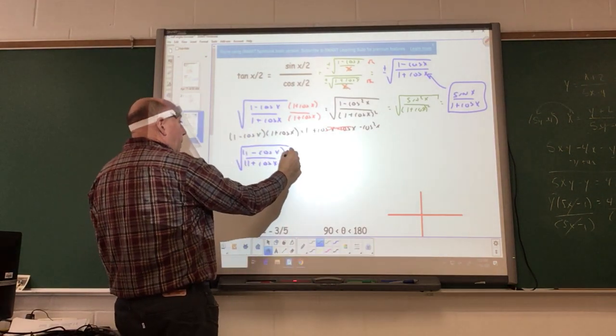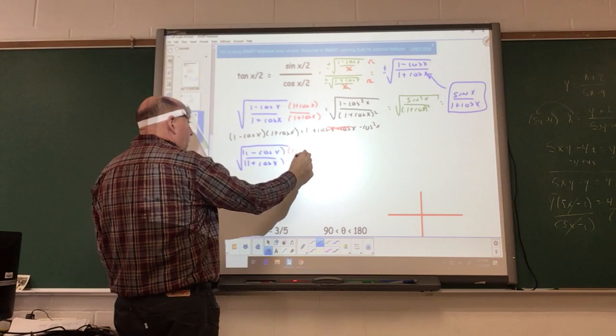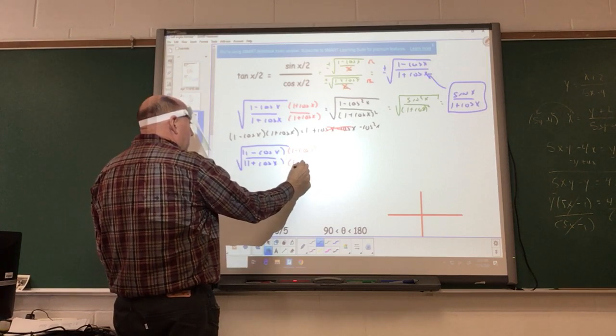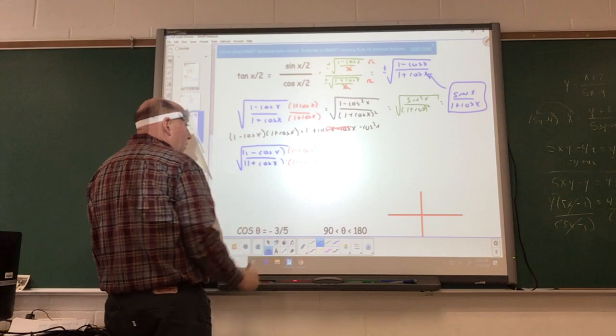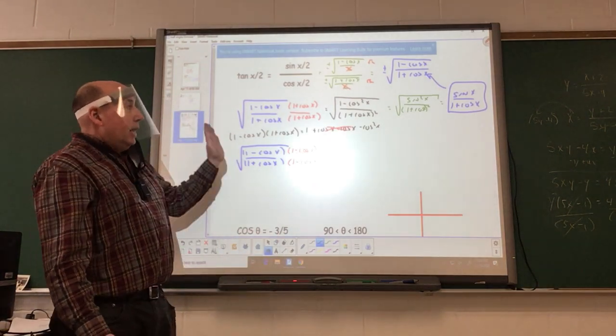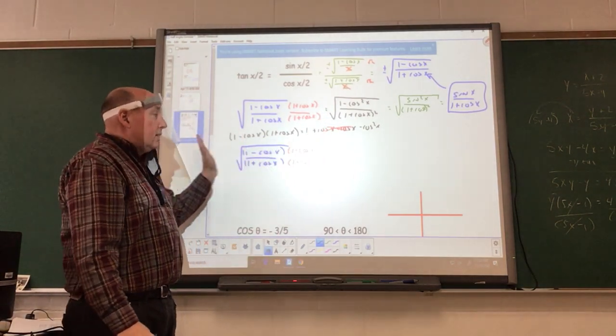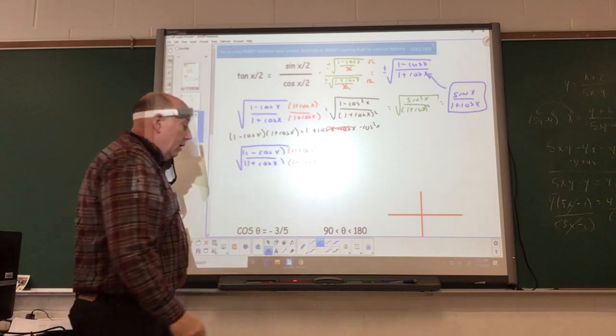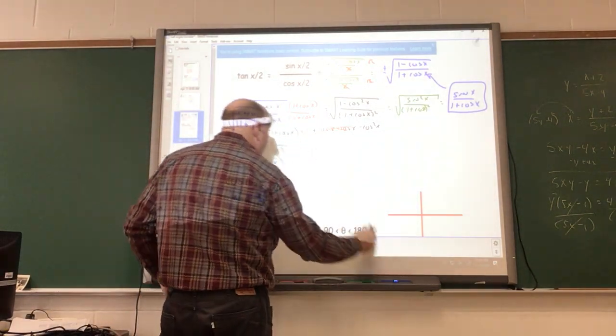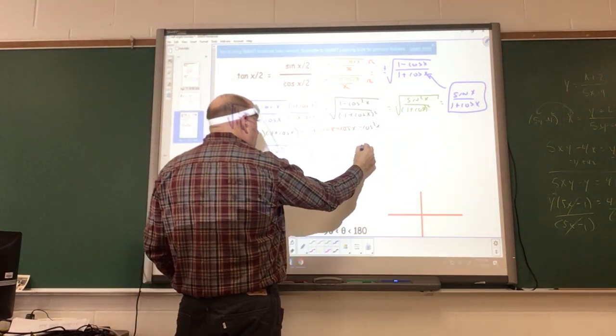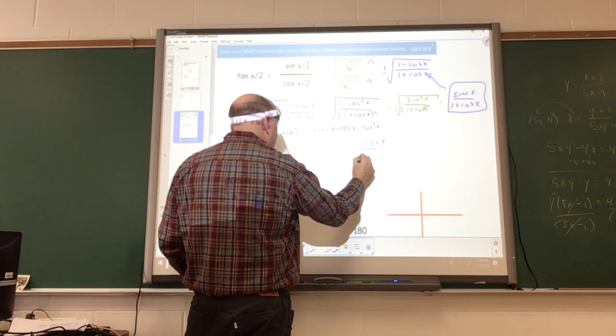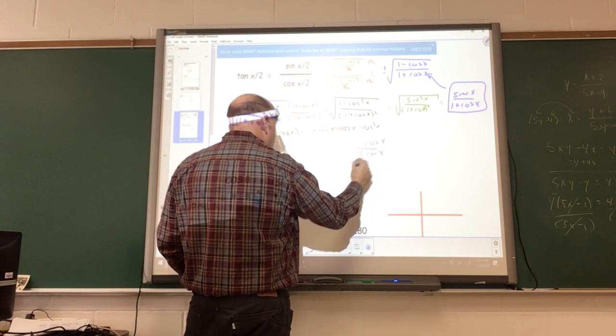We can do the same by multiplying by 1 minus cosine of x, top and bottom, and it's going to look very similar to what we had, but what this will come out to be is 1 minus cosine of x over sine of x.